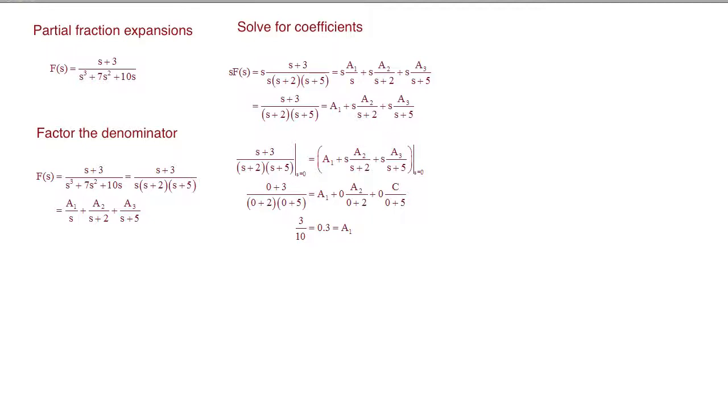Now, when we have a fraction with a numerator and a denominator, as shown right here, a fraction written with a polynomial in the numerator and another polynomial in the denominator, I'll call this fraction f of s.